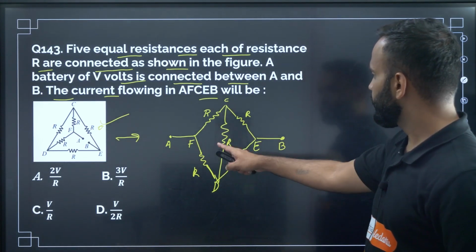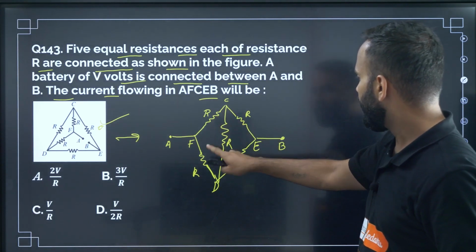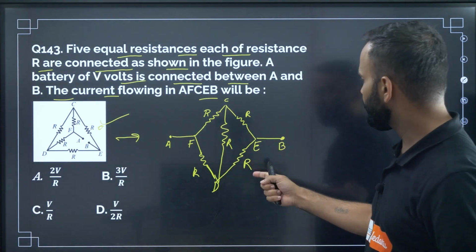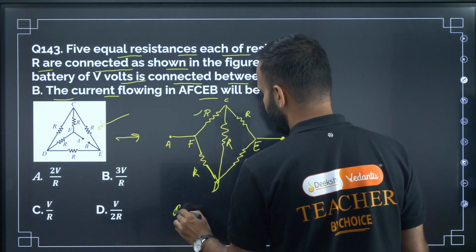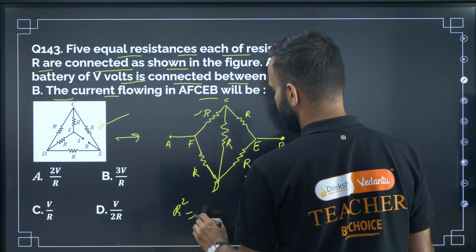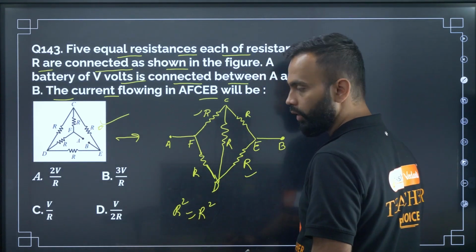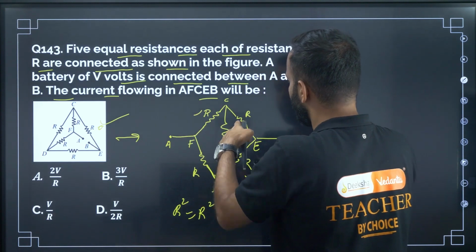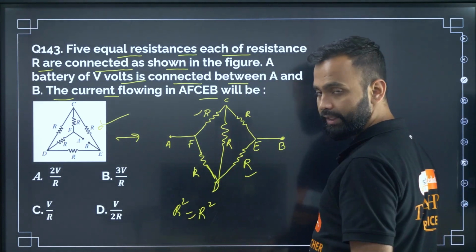Now this one is a Wheatstone bridge. Take the ratio: R by R, R by R, it is 1. Or you can multiply R into R equal to R into R, so the ratio is the same. So this is a balanced Wheatstone bridge.